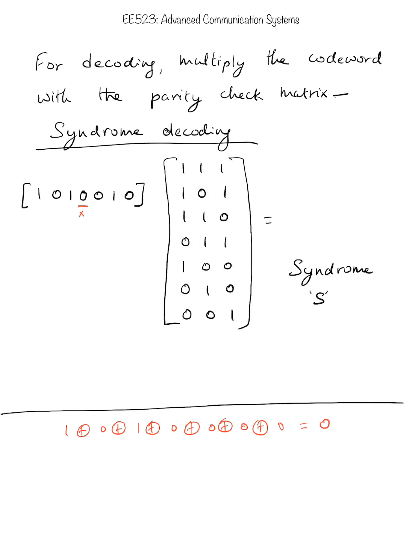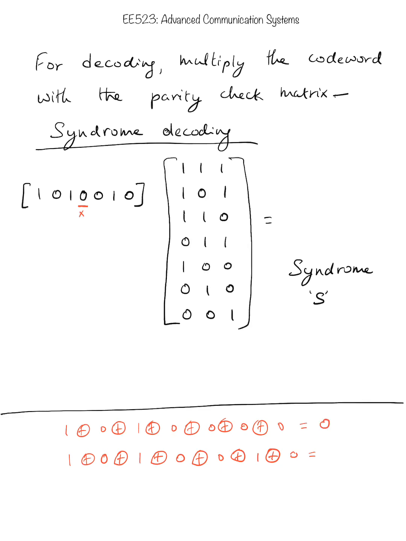And similarly, if we do for the second column, it's 1 into 1, it's 1, plus 0 into 0 is 0, plus for the third position is 1 into 1, that's 1, plus for the fourth position is 0 into 1 is 0, plus 0 into 0 is 0, plus 1 into 1 is 1, plus 0 into 0 is 0.